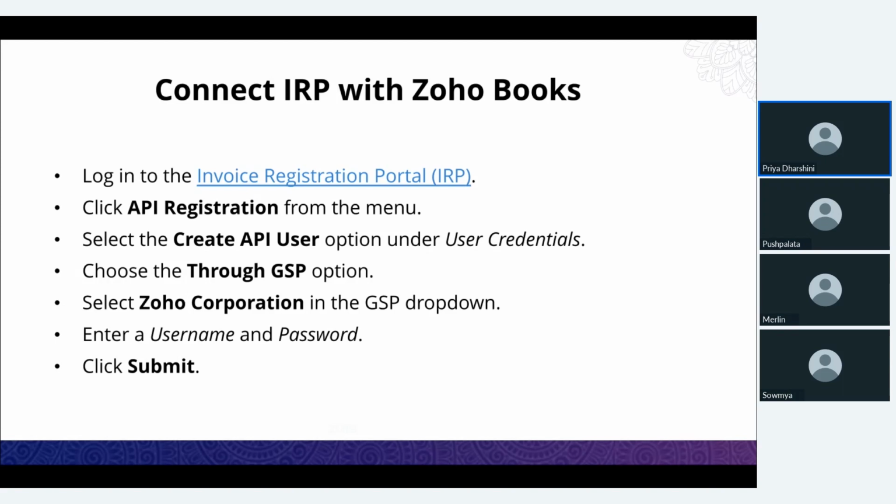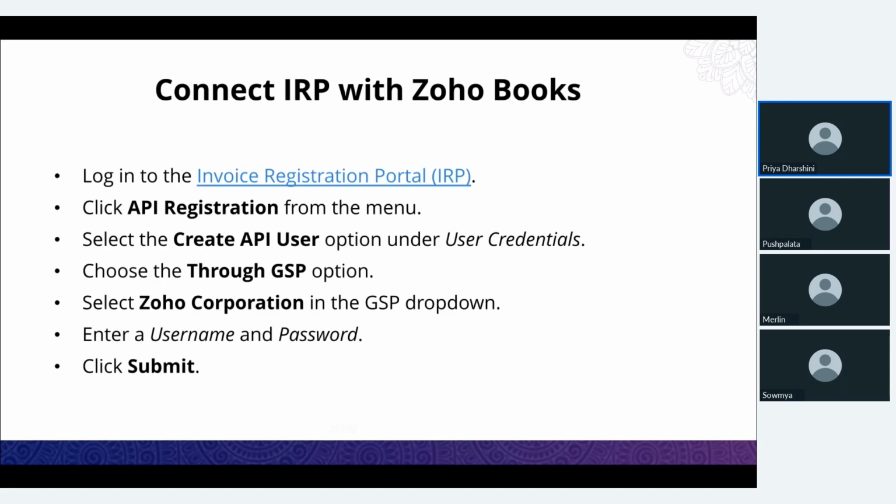Once you select through GSP, the list of GSPs will be available in the drop-down. Select Zoho Corporation. Now, it will ask you to enter another set of username and password. This is not your login credentials, but these are your GSP credentials. These credentials only you will be using in Zoho Books. So just make a note of these credentials and then click submit.